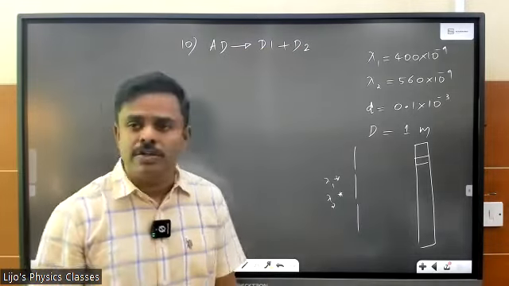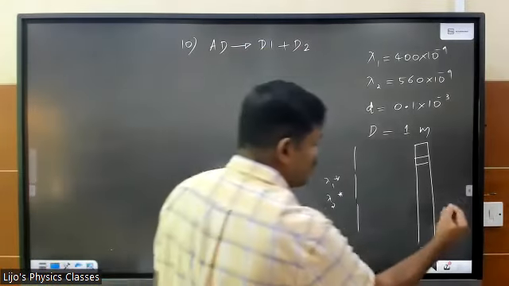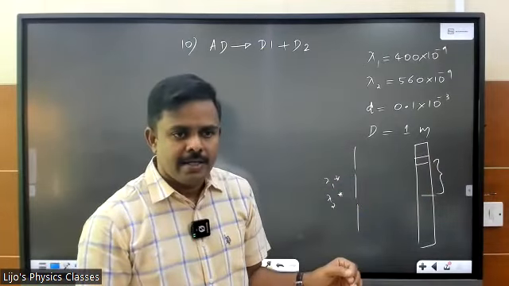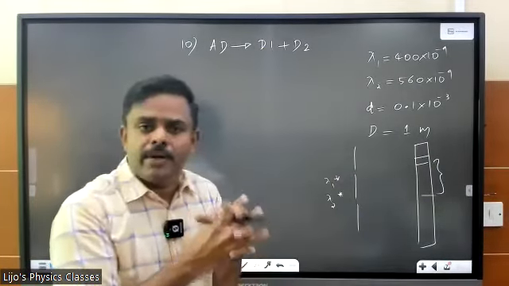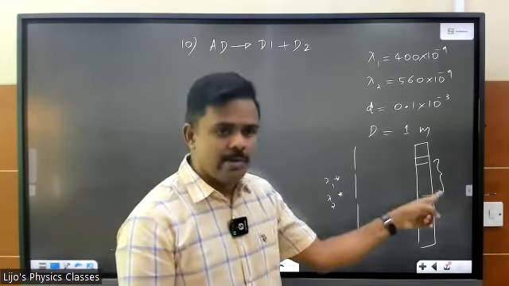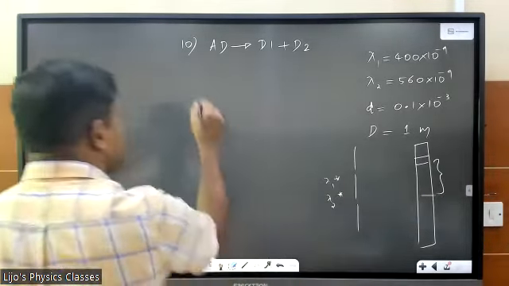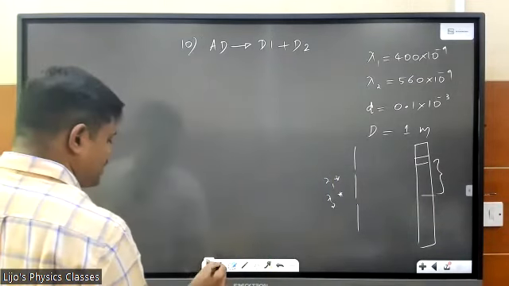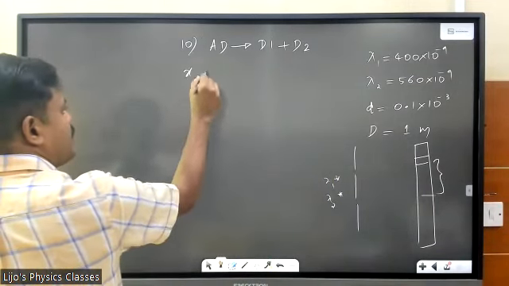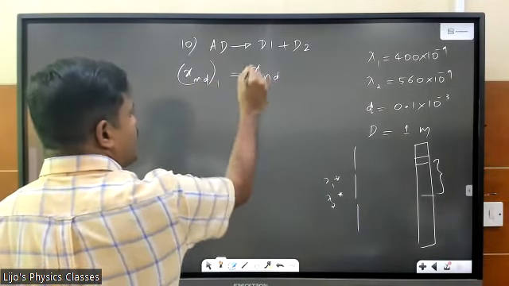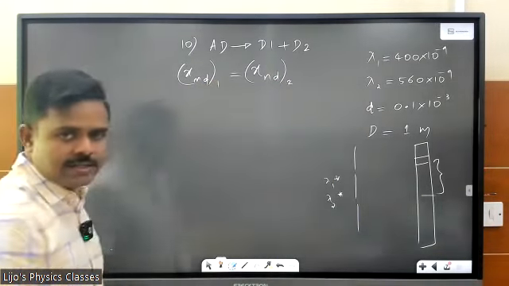Dark of first falls on dark of second means what? Distance to both of them must be the same. Am I correct? If they overlap, what does it mean? They should fall at the same location, right? Correct. So this is how you write it. Distance to the mth dark band of first light should be same as distance to the nth dark band of second light.